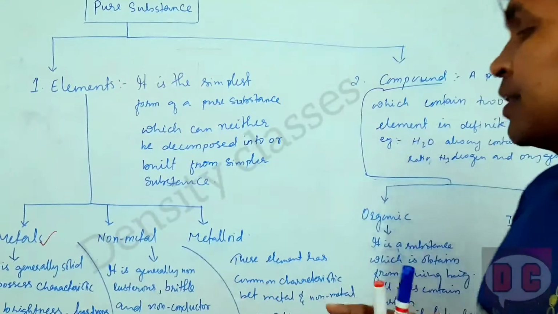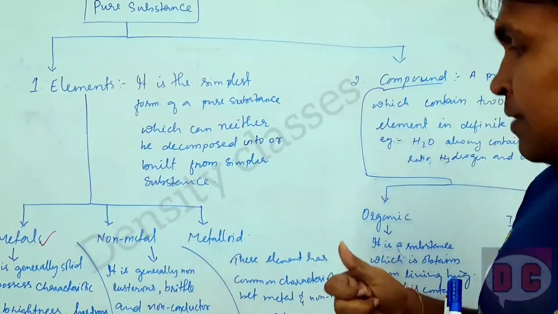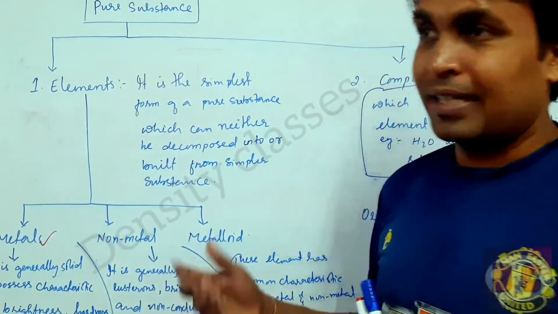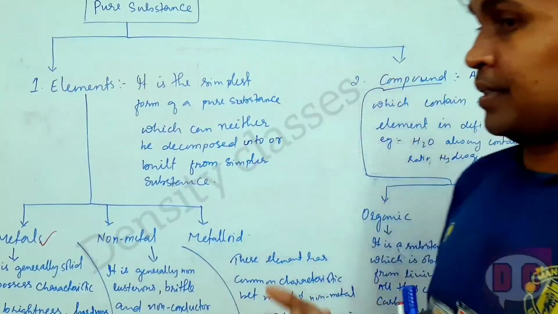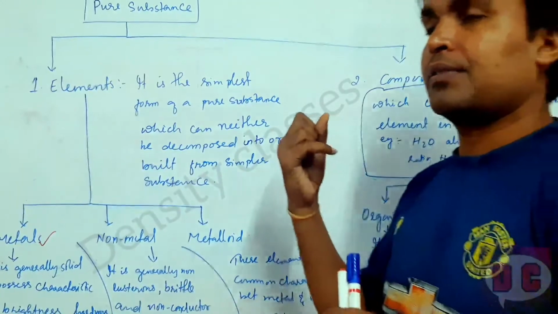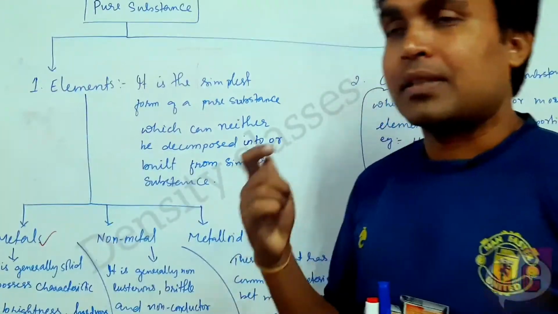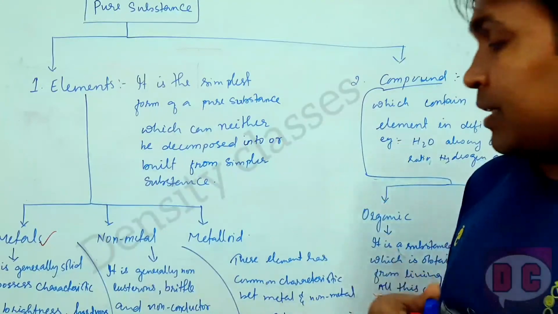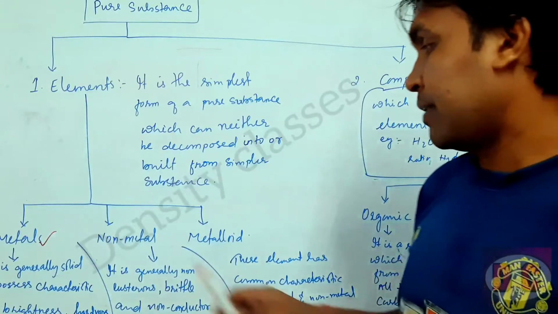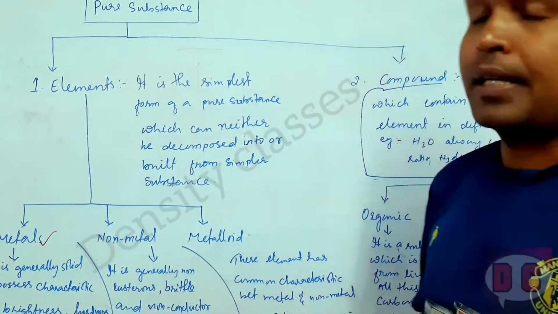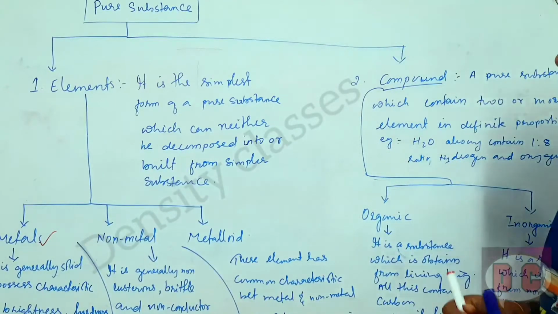They are brittle, meaning we can easily break them, and they are non-conductors. For example, wood and glass are non-metal-like materials. They break easily, we cannot pass current through them, and they do not conduct heat and electricity. The best examples we have given here are carbon and hydrogen, which are non-metals. Got it? Okay.